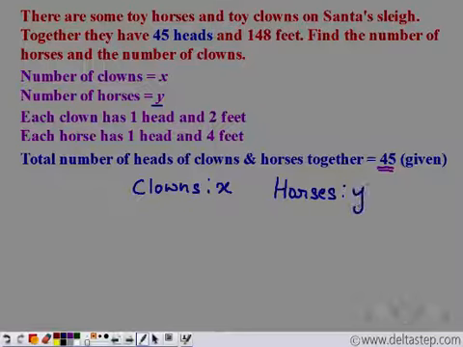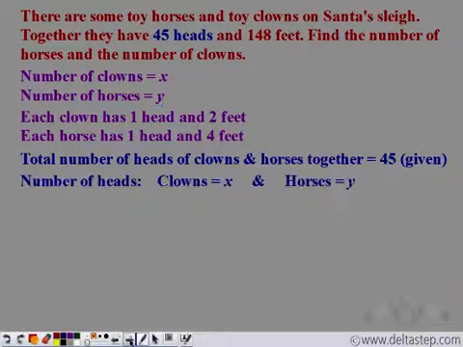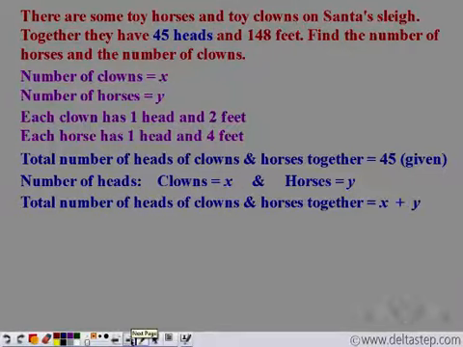So the number of heads of clowns is x and the number of heads of horses is y. Together they have x plus y heads.